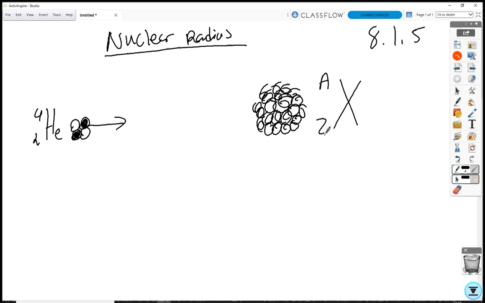Now, the nucleus has some radius that we're going to call R, capital R. And the separation between the helium nucleus and this larger nucleus, we'll label that as small r.